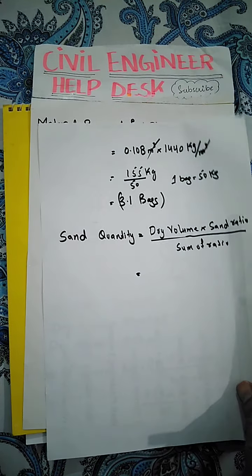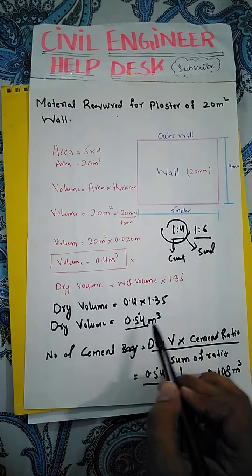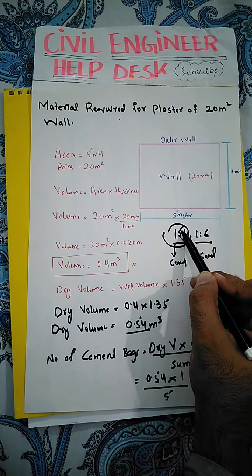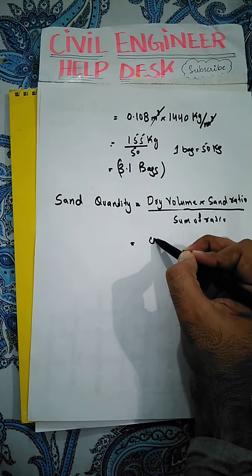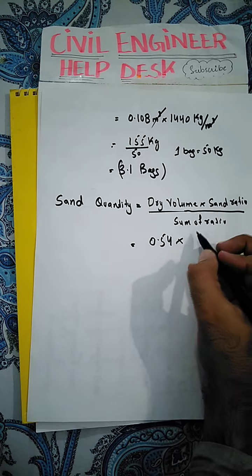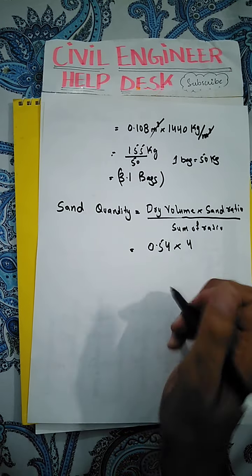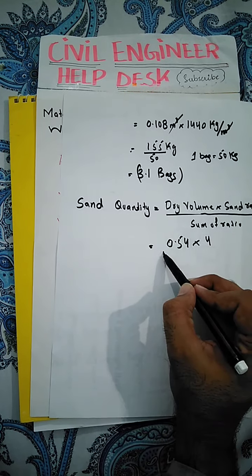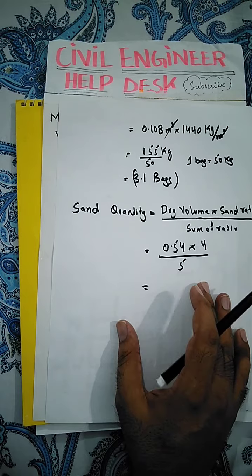Viewers, we know that our dry volume is 0.54 and our sand ratio is 4 and sum of ratio is 5. So putting these values, sand ratio is 4 because we are using 1:4 because it is an outer wall, dividing by sum of ratio, which is equal to 5.